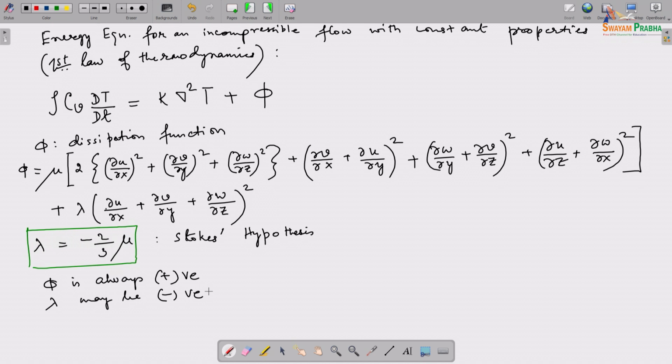Now again, what we will do is write this equation as a time averaged function.